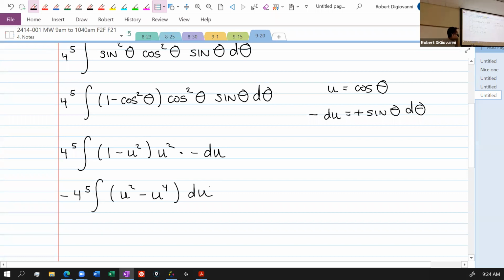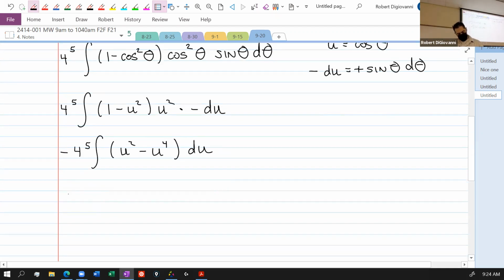So I pulled the negative in front of the du out of the integral completely, and then I just distributed the u squared through, and now power rule, right? Negative 4 to the 5th. Okay, here comes my antiderivative. 1/3 u cubed minus 1/5 u to the 5th, all that plus some constant. There we go.